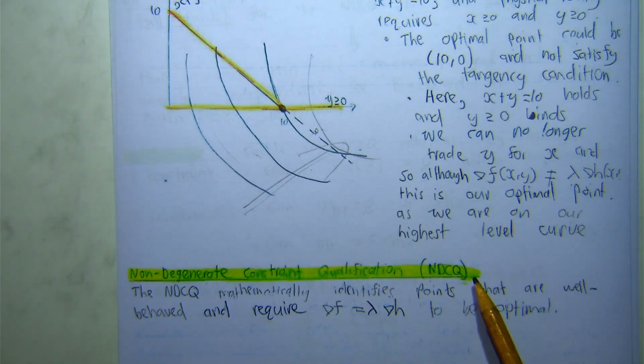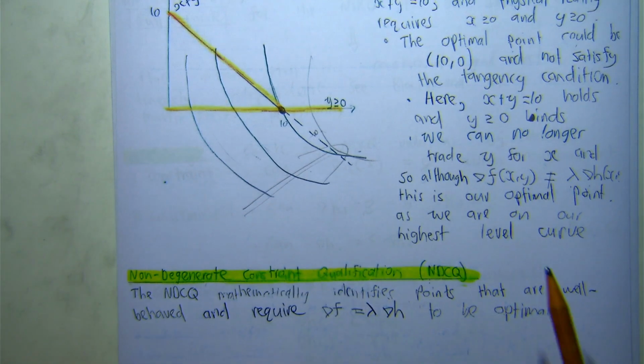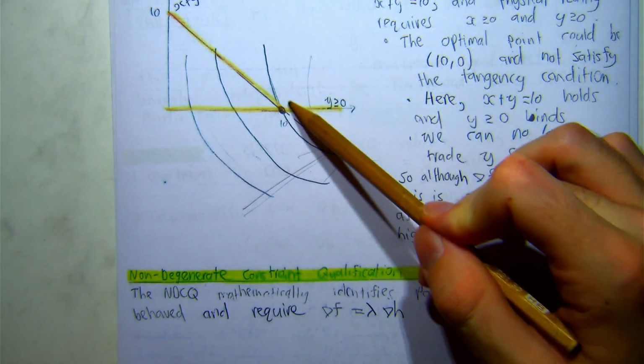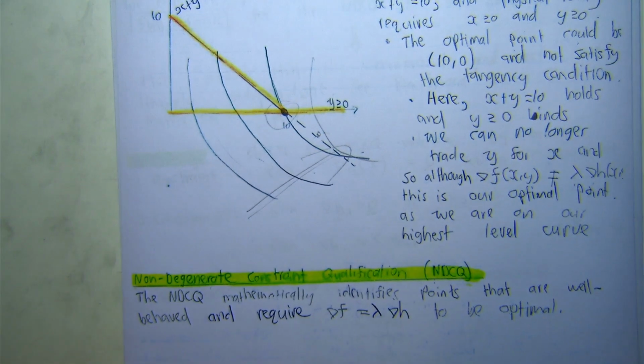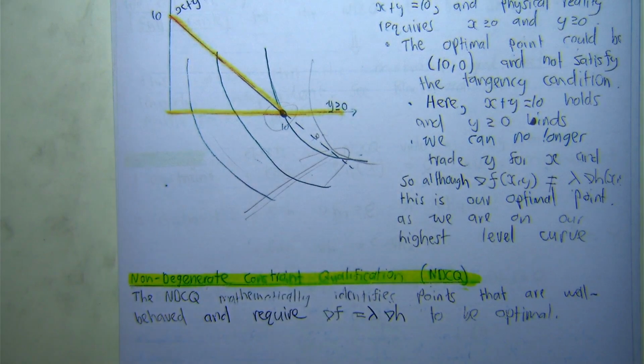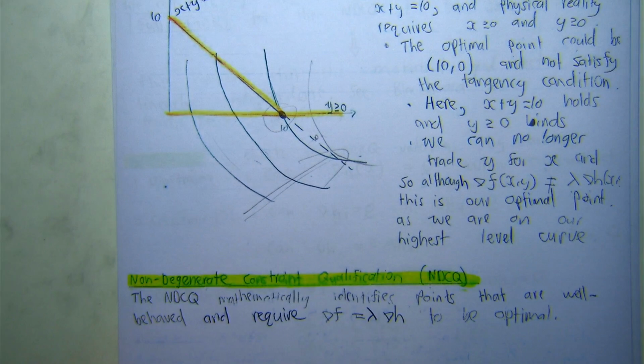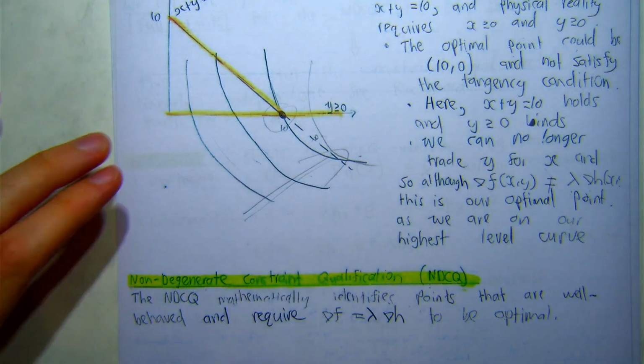This is a way of checking with an algorithm the whole problem to see if there's any issues like this, or like strange constraints interacting with each other that will prevent us from finding tangency in our solutions. And we can focus all of our attention of these problems in checking the NDCQ, and it will mathematically allow us to identify points that are well behaved or not well behaved, and in doing so, flag any potential issues for us.